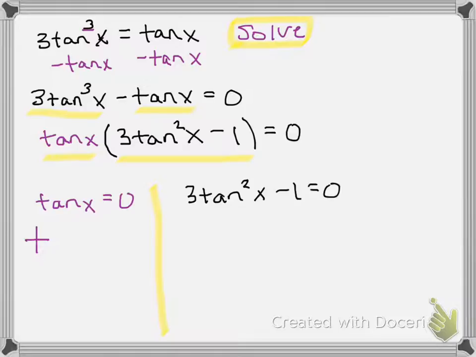If I think about where we could be to make tangent x 0, I know that we could be here or here, which means I know that x can be 0 radians, or x could be pi radians. And not only that, I want to find all solutions.